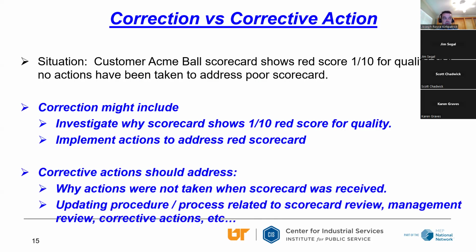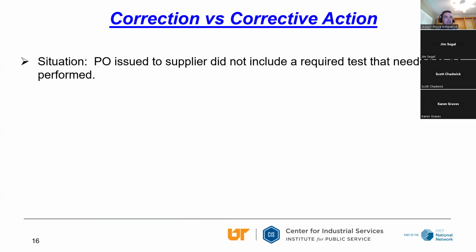Corrective actions need to address why we were not taking actions when we received the scorecard to start with. We might need to update the procedure or the process related to reviewing scorecards, or the management review process, or the corrective action process, wherever our 5 why or root cause analysis takes us. But if we're not changing a process or a procedure, it's most likely not corrective actions.